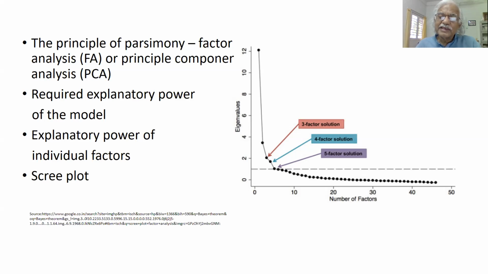Now all those factors which have an eigenvalue of 1 or more may be considered, and those factors whose variance is less than 1, less than the variance that each variable contributes, may be ignored. So in the final analysis, you may have 4 or 5 factors or 6.